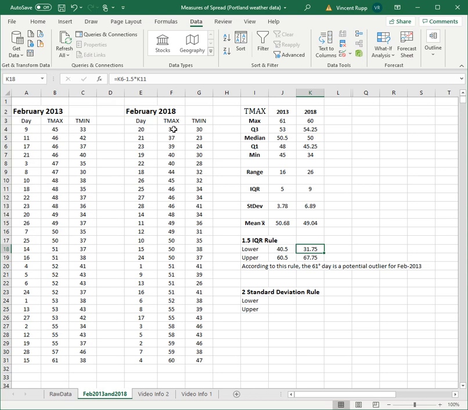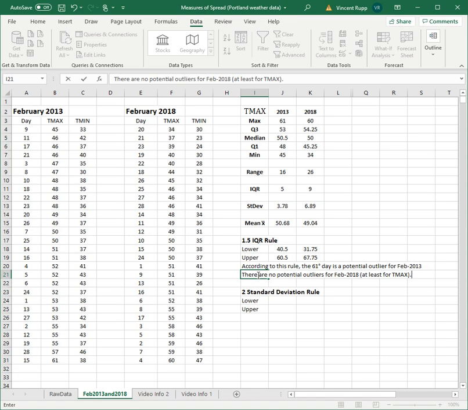Well, no, the Tmax went down to 34. There are no potential outliers for February 2018, at least for Tmax. If we looked at Tmin, maybe we'd get a different story. You can do that on your own if you're feeling fun.